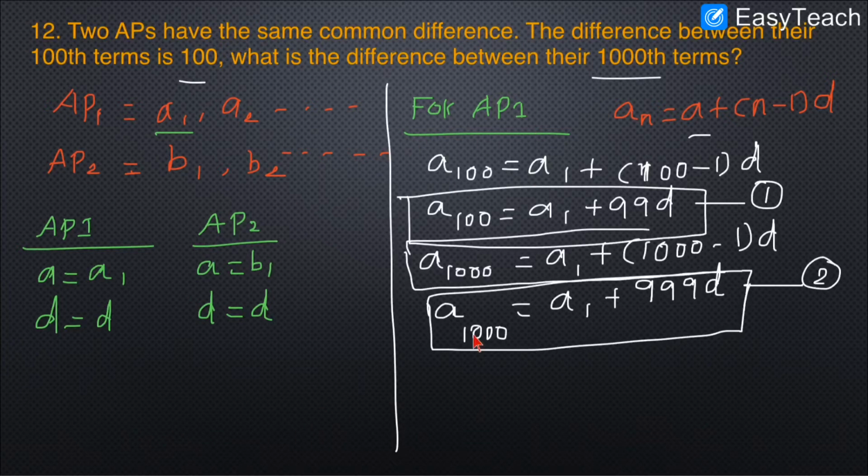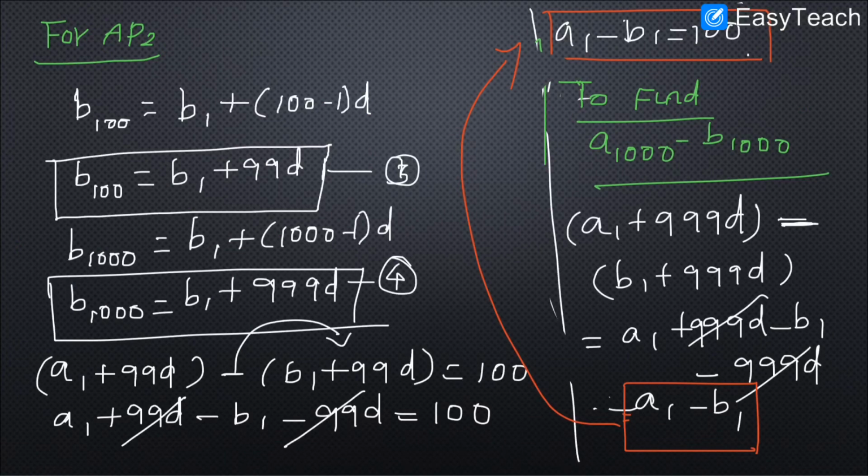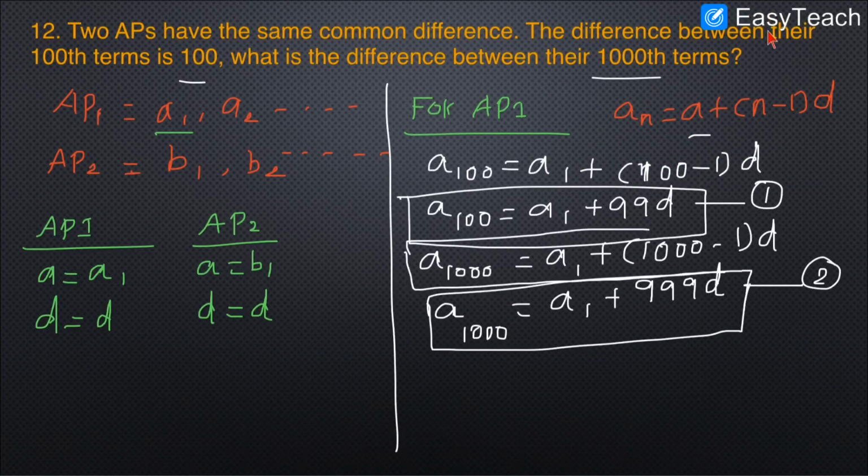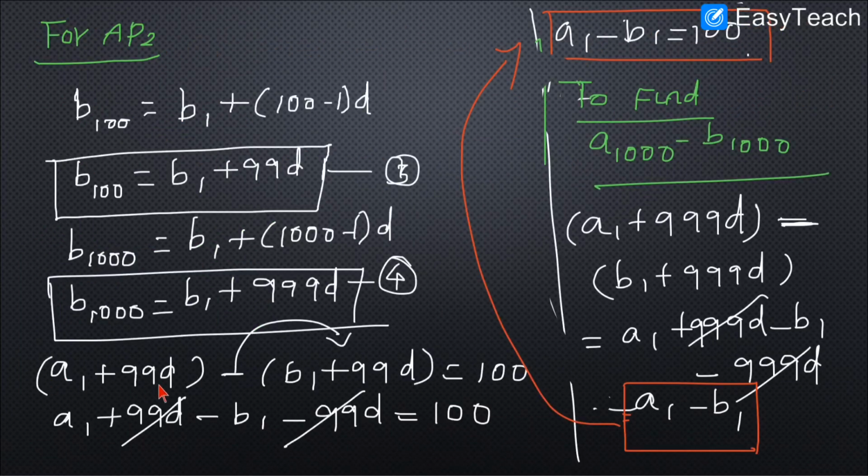Next, I found the 100th and 1000th terms of AP1, and for AP2 also. Then, from the question, the difference between their 100th terms is 100. So I wrote the 100th term of AP1 and the 100th term of AP2, and after solving I got A1 minus B1 equals 100.